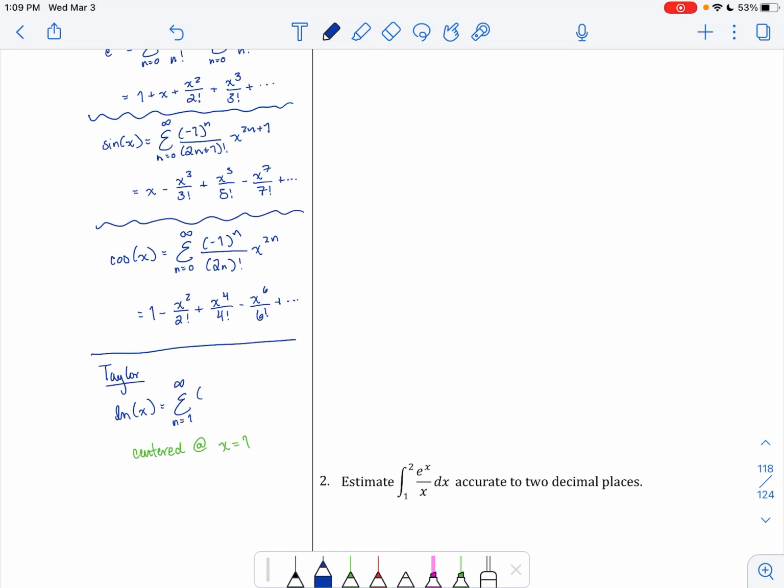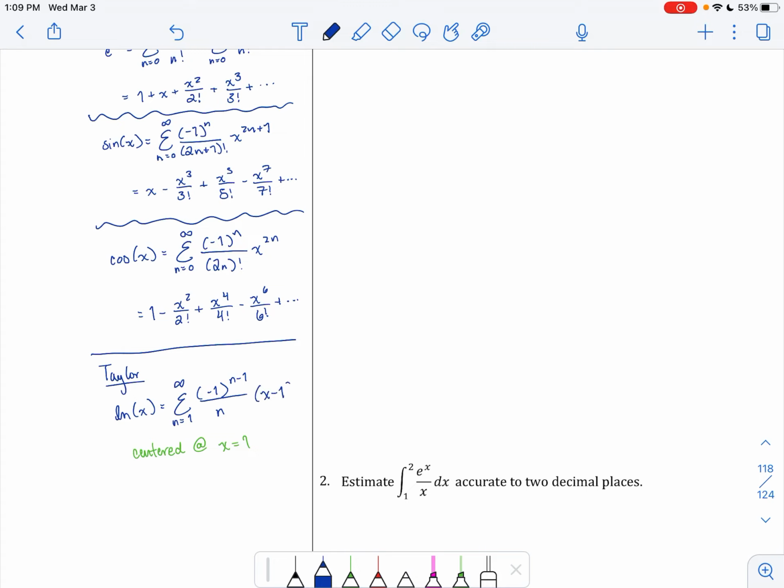And if you center it at x equals 1, this becomes negative 1 to the n minus 1 over n, not n factorial, just n. If you wanted to do the math, work it out, you'll notice that the derivatives of ln create a factorial, which cancels out, like what we saw in the last example yesterday.